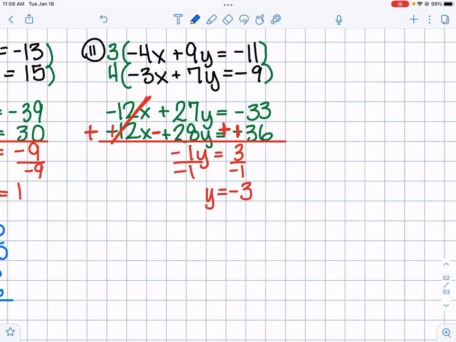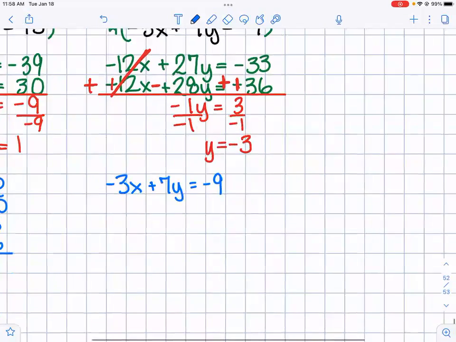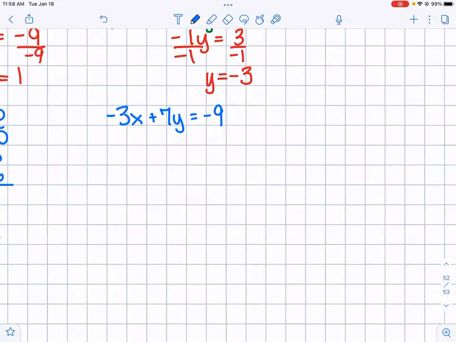Okay, now we have y. It does not matter which problem you use. Which one do you want to use, the top one or the bottom one? Bottom one. Negative 3x plus 7y equals negative 9. All we're doing is replacing y with negative 3.